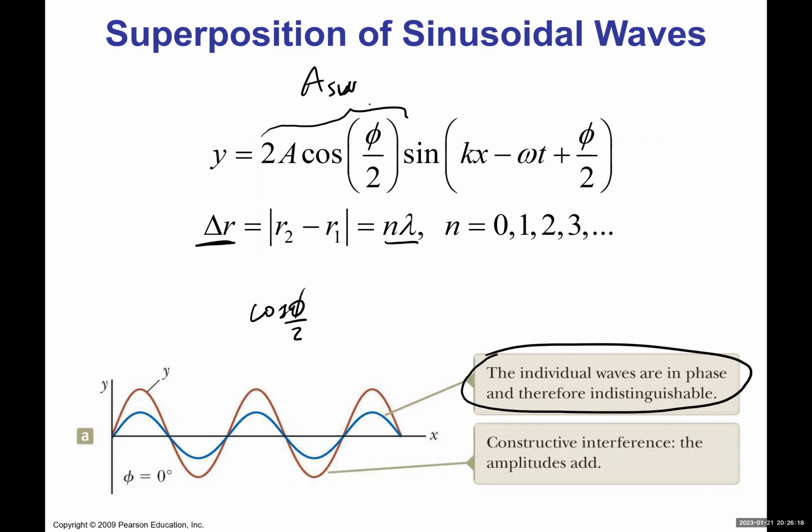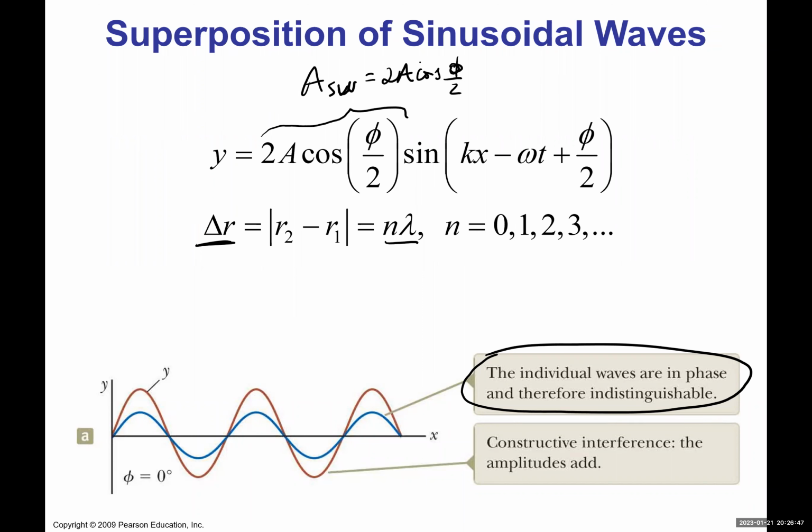So as you can see, that amplitude of the superposition wave is equal to 2a cosine phi over 2. So the maximum for this is when the amplitude of the superposition wave is equal to 2a. Now a is the amplitude of the waves, you can't really do anything about it.